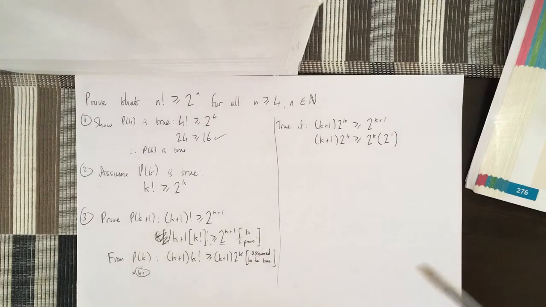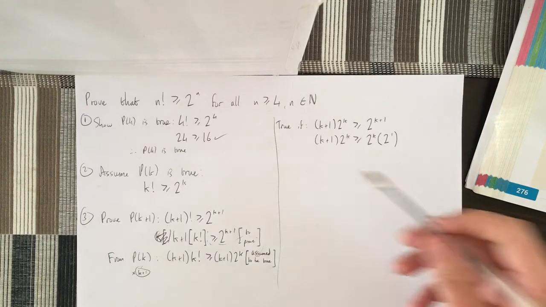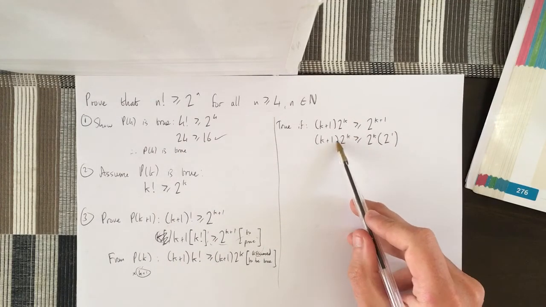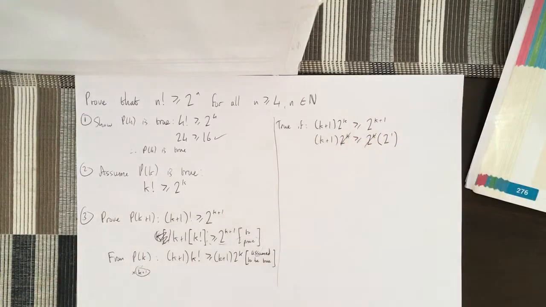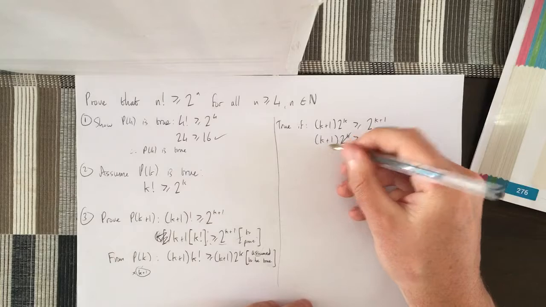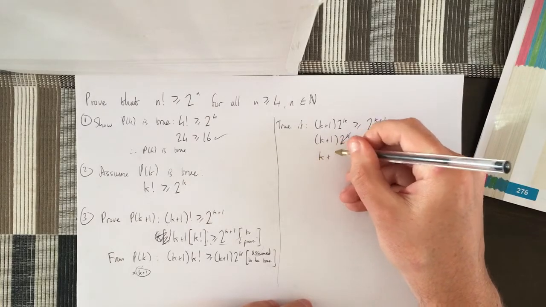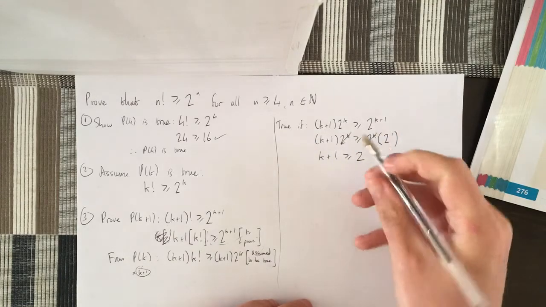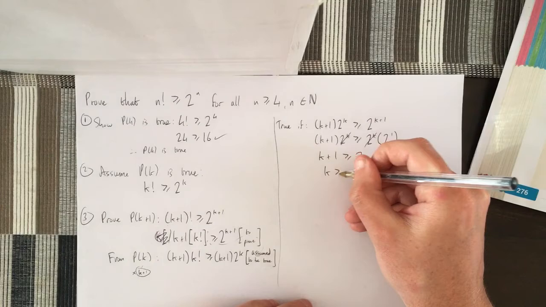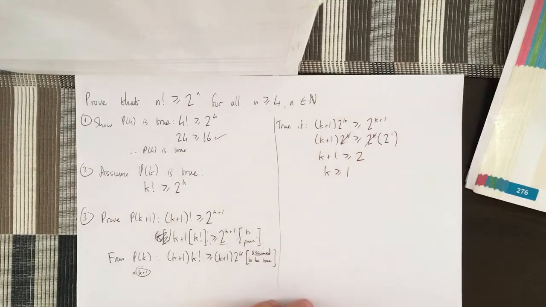We've done that in lots of different induction questions. Now you'll notice that both sides are multiplied by 2 to the k. So you can just divide both sides by 2 to the k, and you're left with k+1 is greater than or equal to 2. Bring the 1 over, it becomes minus, so you get k is greater than or equal to 1.